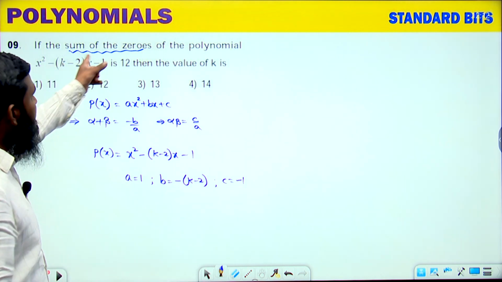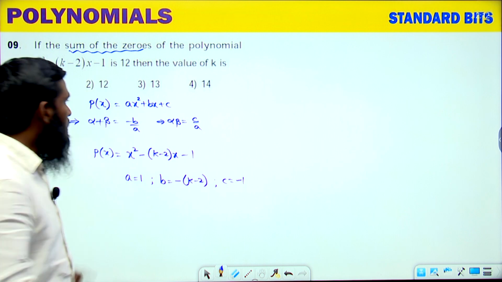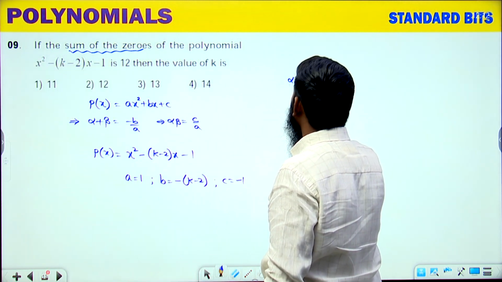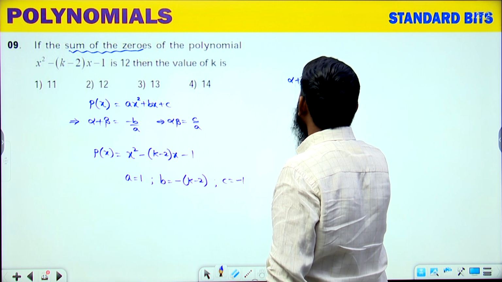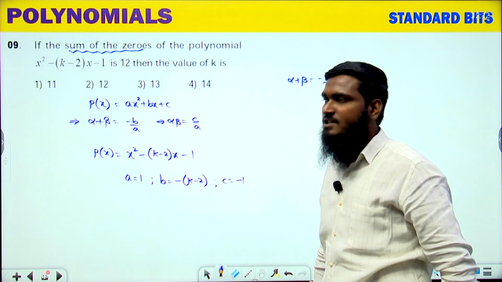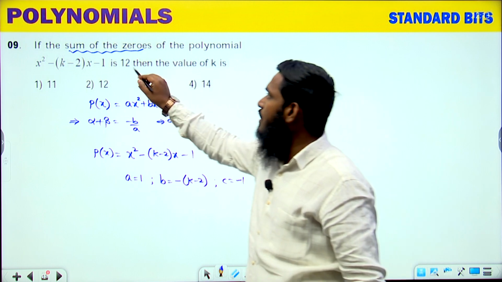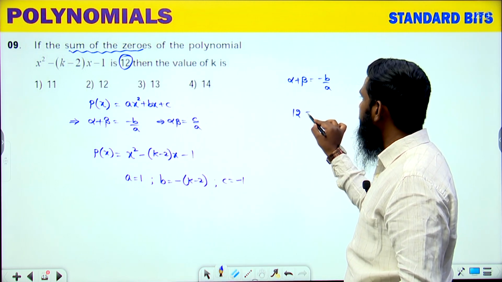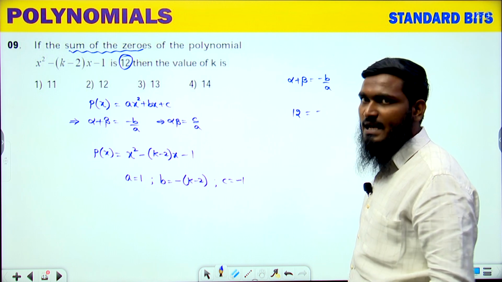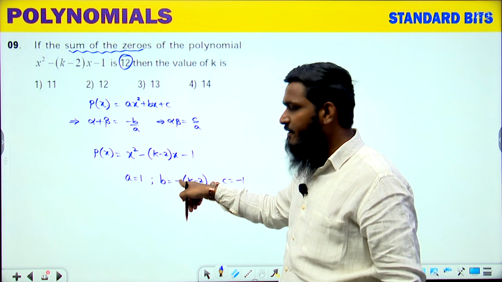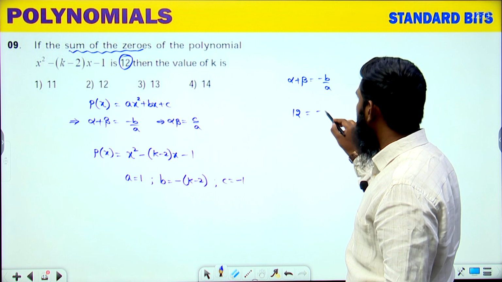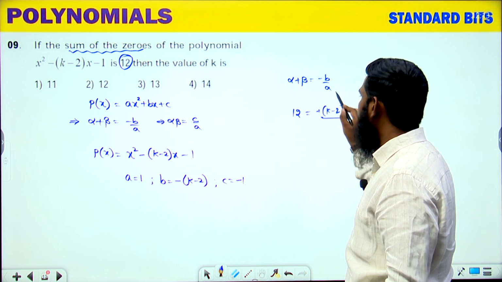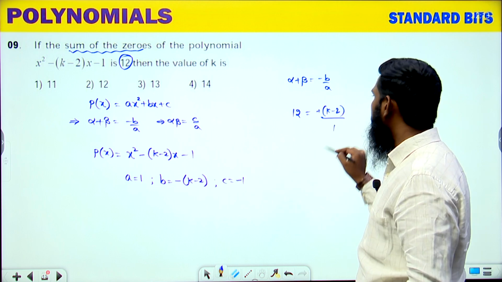Now what is given? Sum of the zeros is equal to 12. What is the meaning of sum of the zeros? We have alpha plus beta, and alpha plus beta is equal to minus b by a. It has been given as 12, so let us write 12 is equal to minus b by a. The b value is minus of (k minus 2), so minus into minus gives plus (k minus 2), divided by the a value, which is 1.